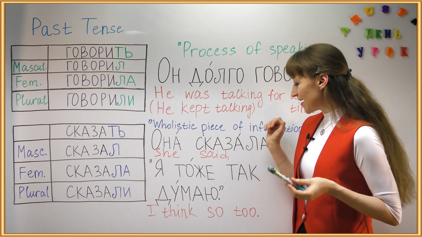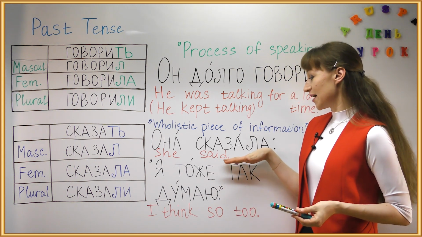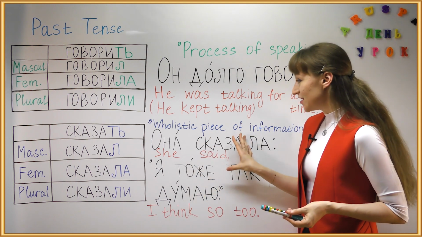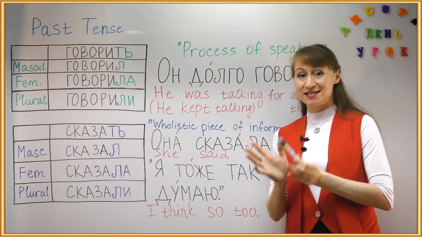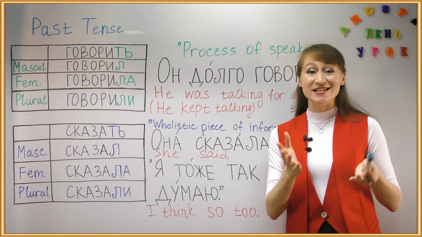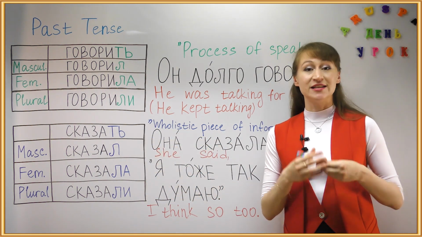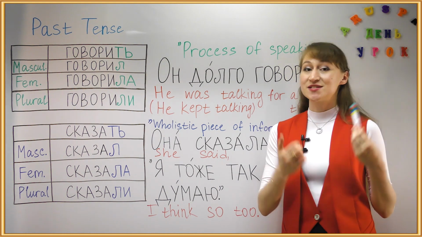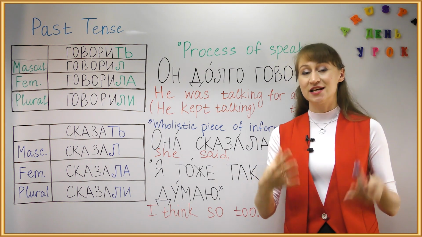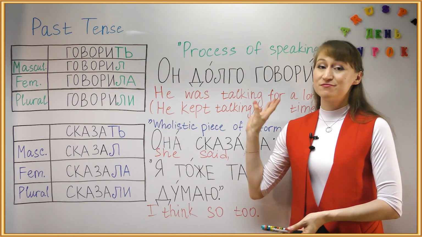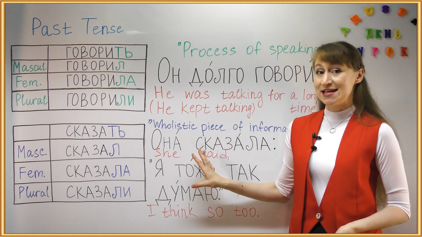In English, I think you put a comma here, but we put a colon. So, in this case, we are using the verb сказать. And very often you can see it in books. He said or she said, and then goes the speech of the character. Only the verb сказать here.